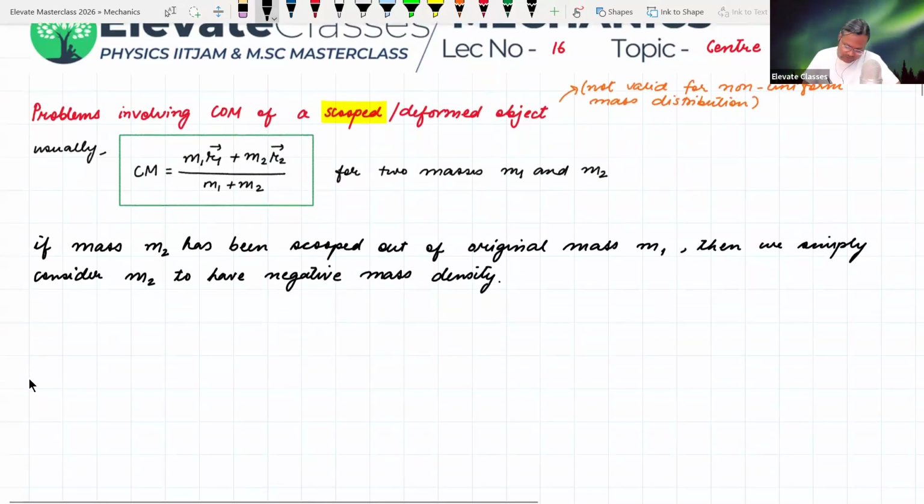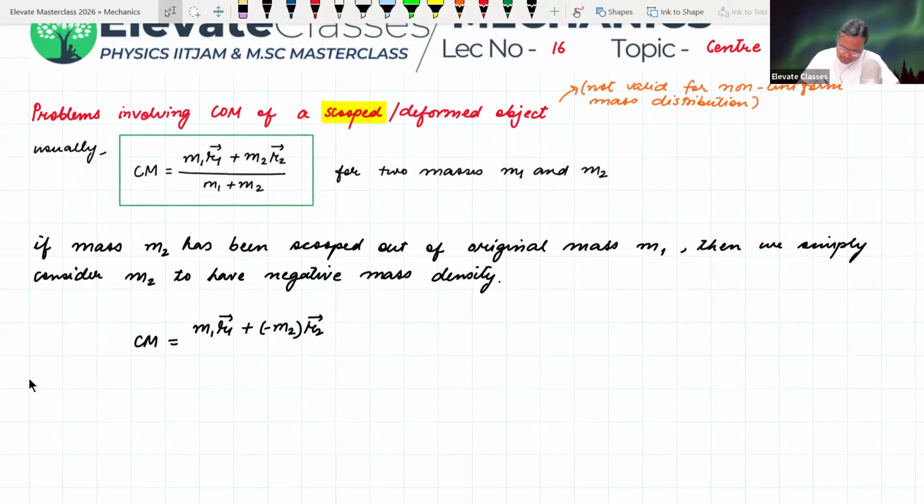Okay, so what you do is you take center of mass is equal to m1 r1 plus minus m2 r2 upon m1 plus minus m2. That's it. That's the only difference here.